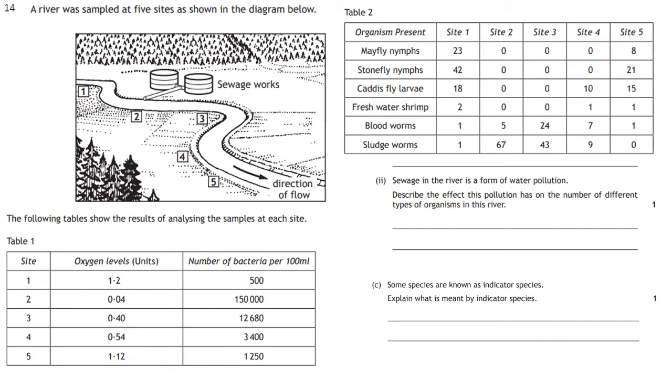The next question here. Sewage in the river is a form of water pollution. Describe the effect this pollution has on the number of different types of organisms in this river. So what am I doing here?